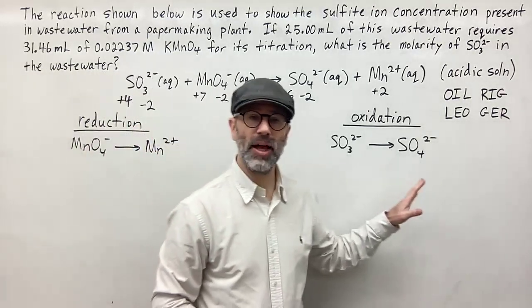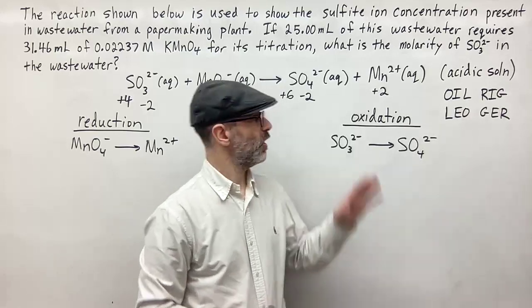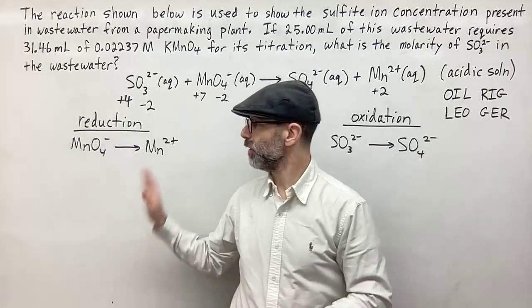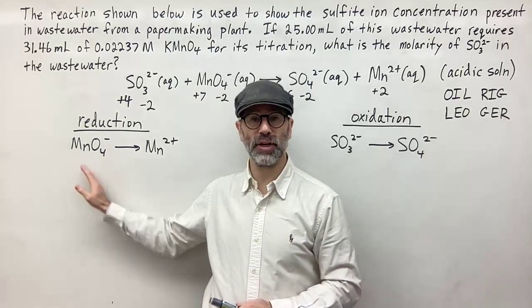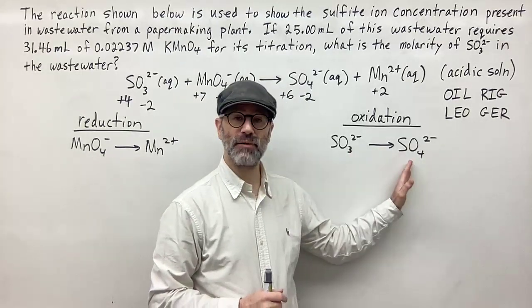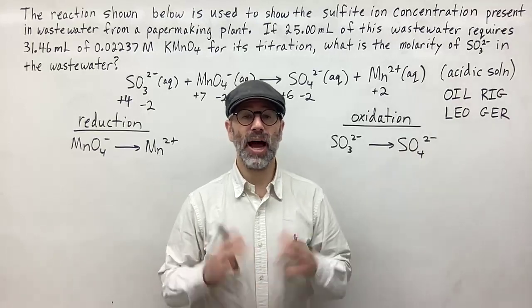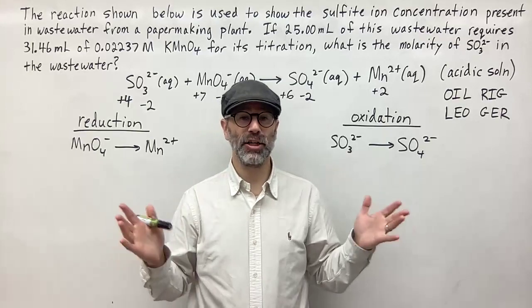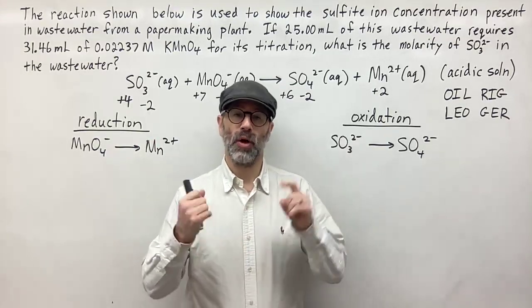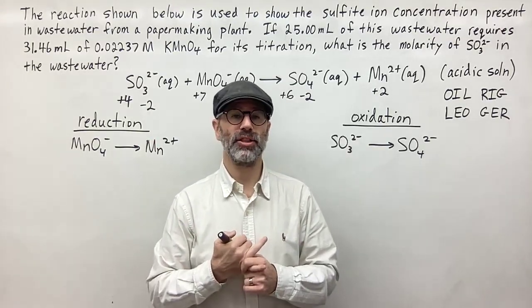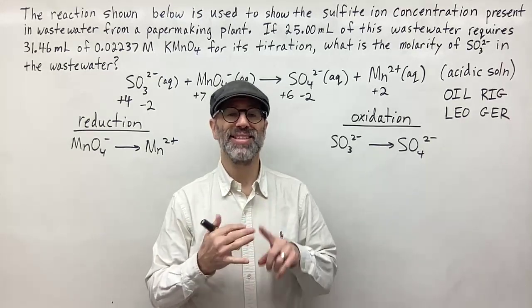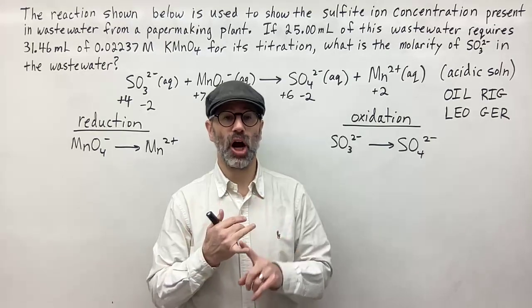Okay, so now that we've divided the overall reaction into the half reactions, we have the reduction half reaction over here. We have the oxidation half reaction over here. So now what we're going to do is balance both of the half reactions together but separately. So when you're balancing redox reactions, the first thing you want to do is balance the number of atoms. Second, balance the charge.